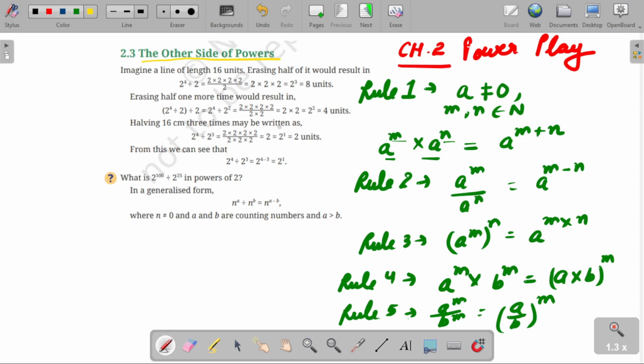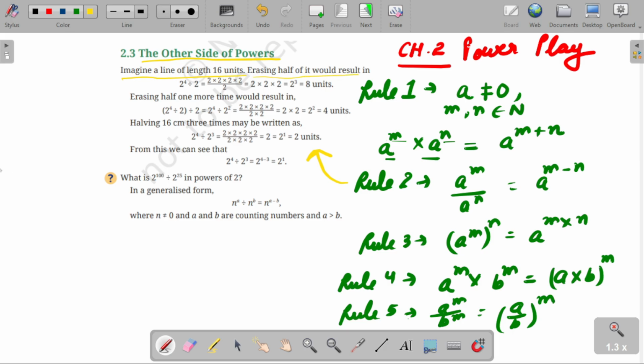So they are expanding rule number 2 here. We will elaborate rule number 2 with this example. Imagine a line of length 16 units and erasing half of it.